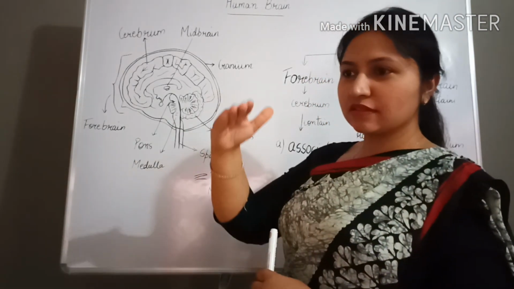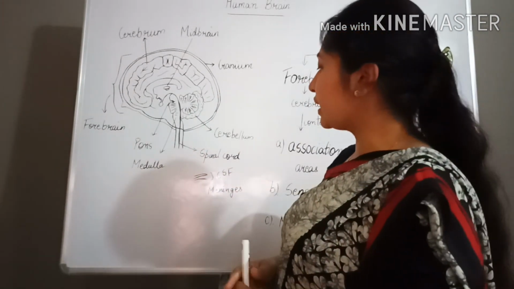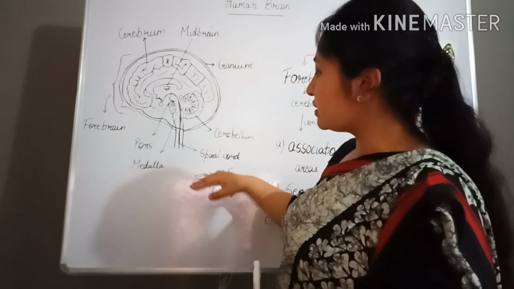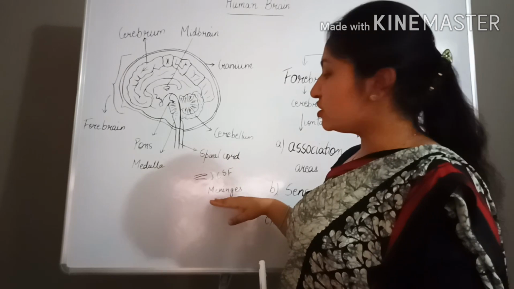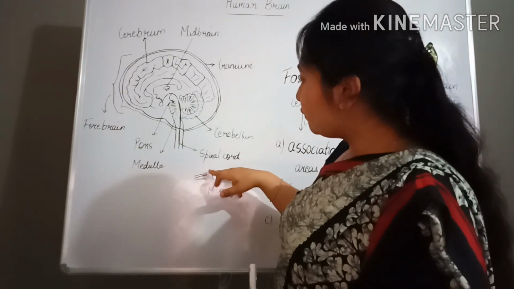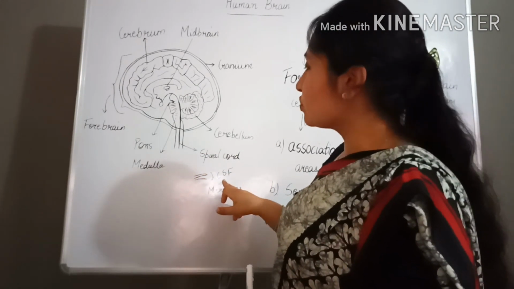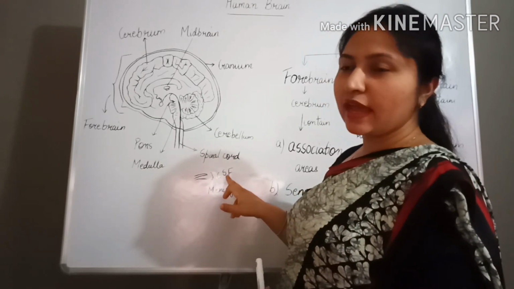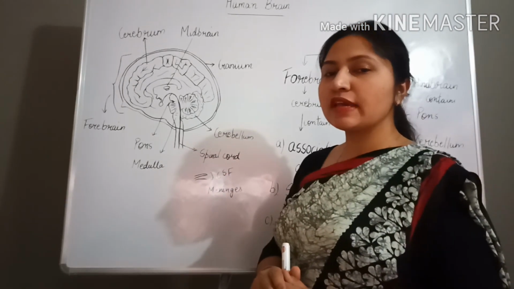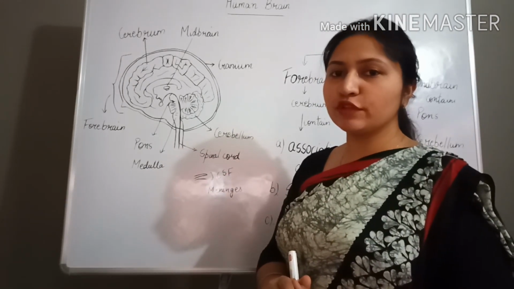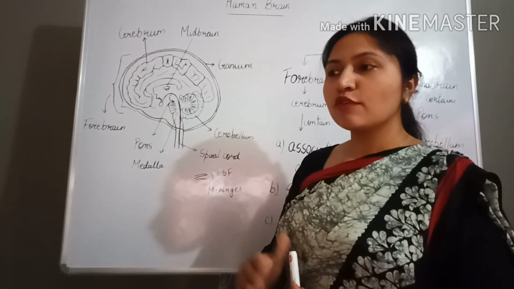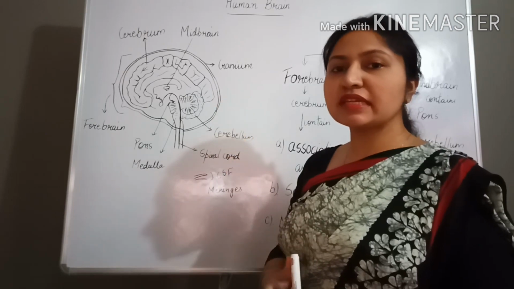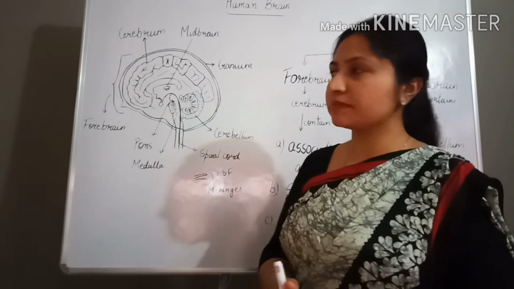These membranes are known as meninges, and there is one fluid present in them, which is known as CSF. What is the full form of CSF? It is cerebrospinal fluid, and this cerebrospinal fluid is responsible for providing protection against mechanical shocks.